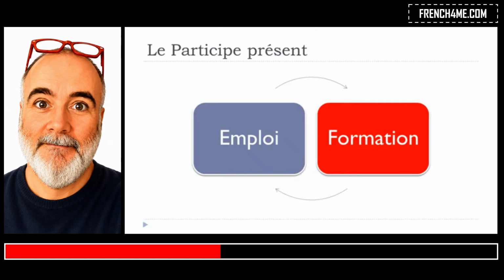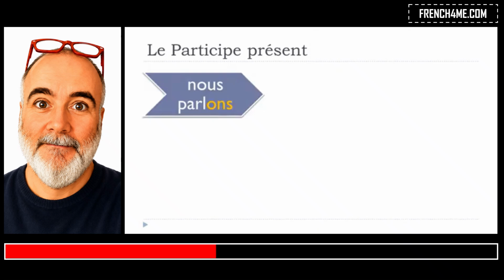So how do we make this participe présent form? It is quite easy, especially at this level now, because you will first have to know the nous form of the verb at the present tense. Nous parlons. And if you remember, this ONS ending is usually the ending for nous, so first you need to spot it, then you will take it away.